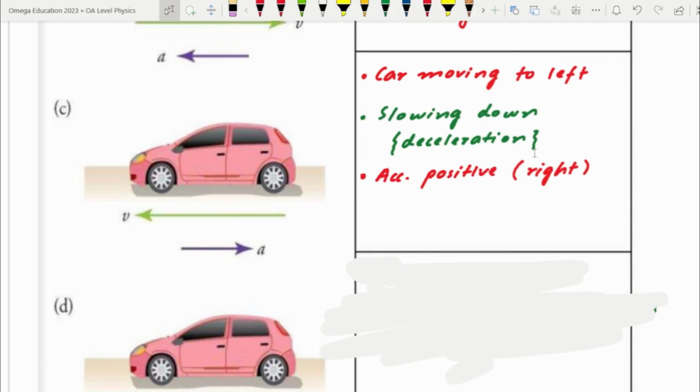Let's consider the example C. The direction of the motion is towards the left, but the direction of the acceleration given is towards the right. In that case, the object is slowing down, because the acceleration is opposite to the direction of motion.